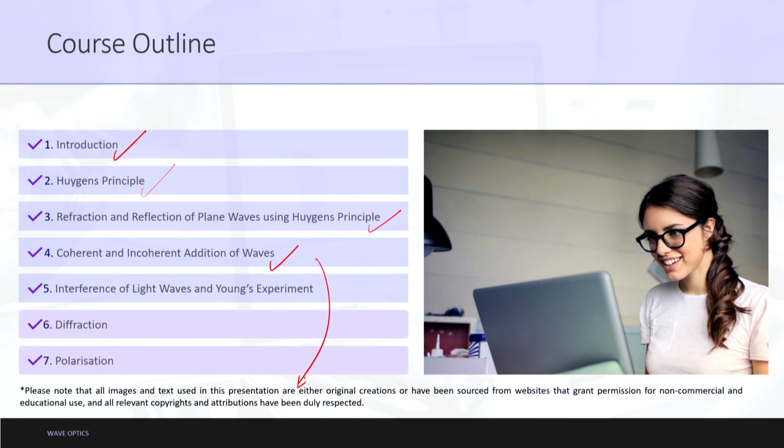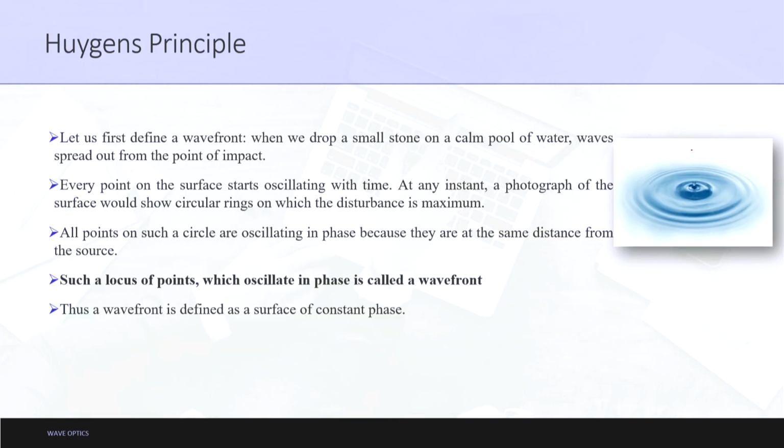Just a quick recap of the Huygens principle. Let us say I drop a small stone into a calm pool of water. Then the ripples which form, every one of these circular rings, have a constant displacement in the upward direction. The locus of all these displacements which are at the same distance from the source is called a wave front.